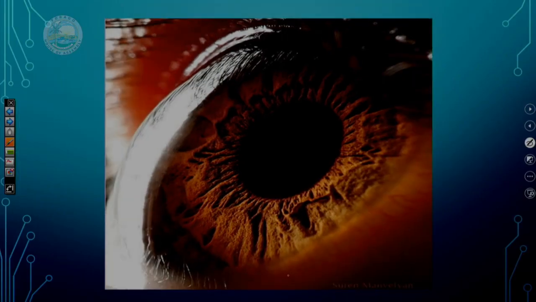So I found these really interesting images and I thought that I should share them with you because they are like close-up images of a person's eye. So here you can actually see the cornea, and here is the pupil, and so you're seeing the iris here.